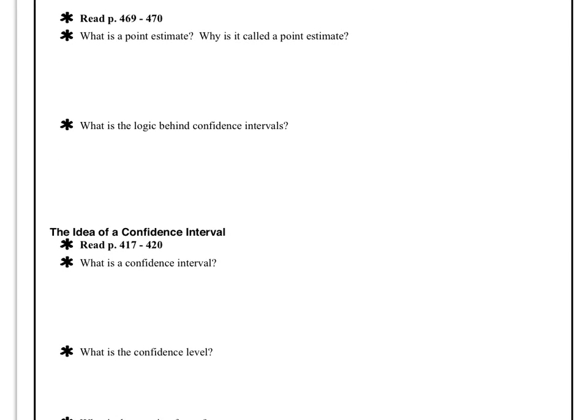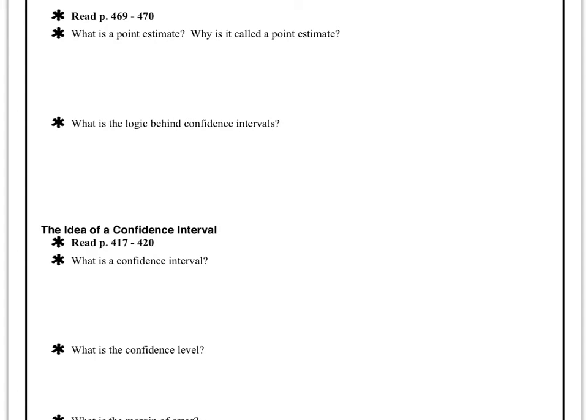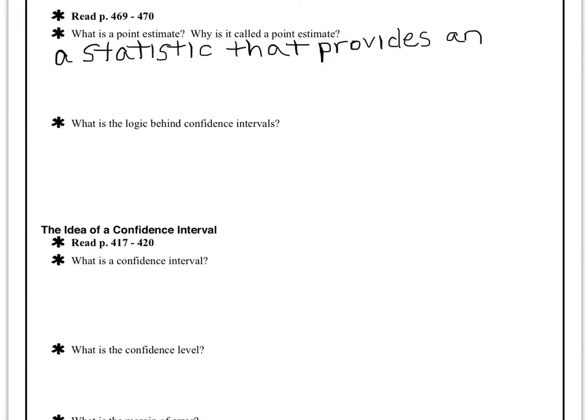So the first thing we're going to talk about is something called a point estimate. What a point estimate is, it's a statistic. And we know that a statistic is just something computed from sample data, like X bar or P hat, that provides an estimate of a population parameter.